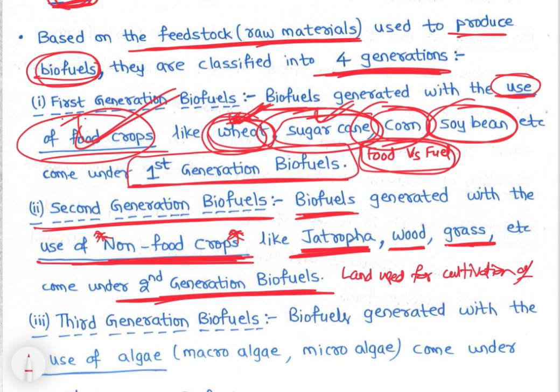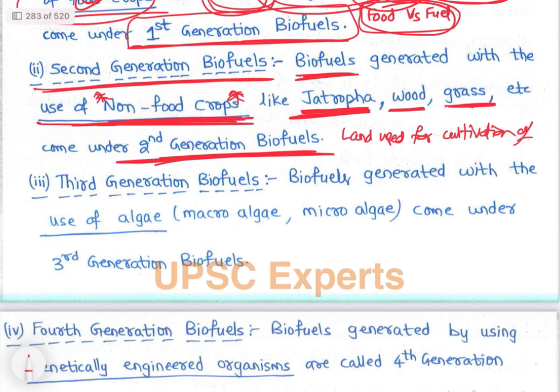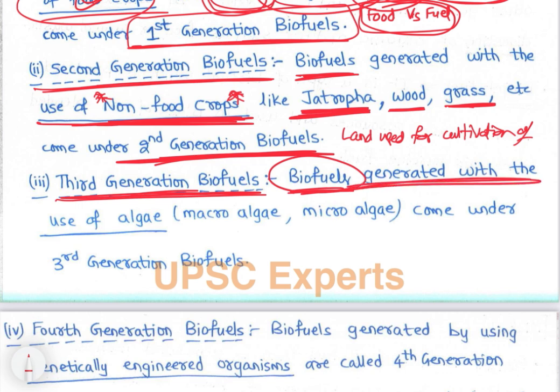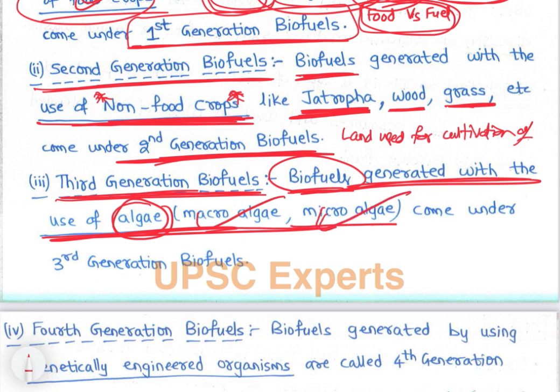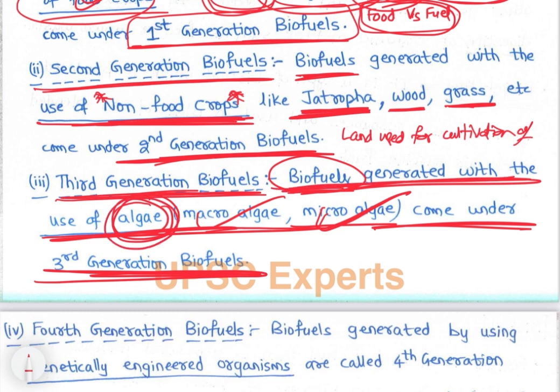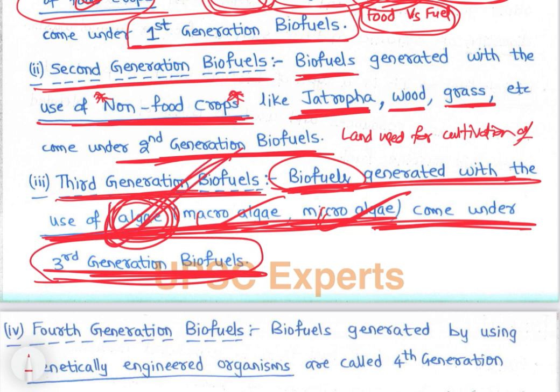So that is the limitation. Then to overcome that, third generation biofuels are biofuels generated with the use of algae, that is macroalgae and microalgae. So biofuels generated with the use of algae come under third generation. If we make biofuels using algae, they are third generation biofuels.